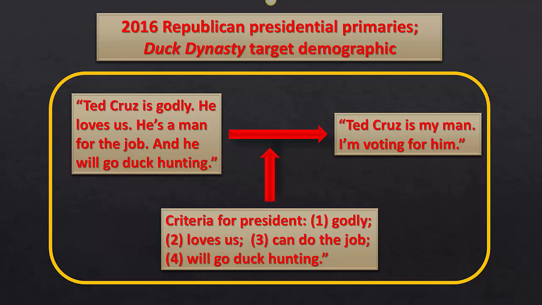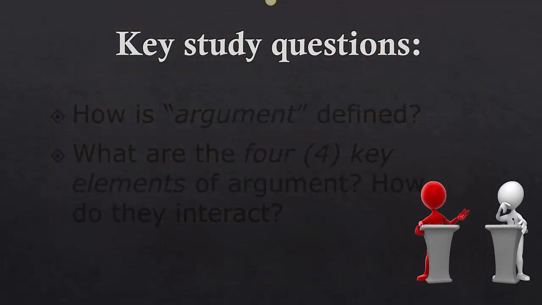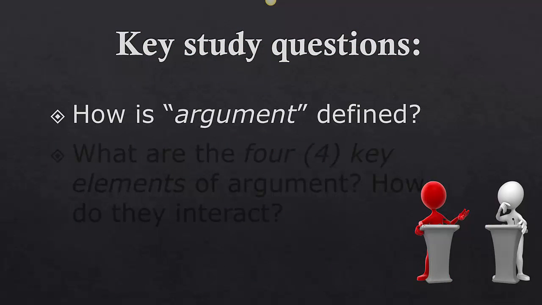So, what you need to remember as you think about these basic building blocks of argument is, first of all, how is argument defined? Remembering that it's not just something that we put together and put out there, but it is a process of social communication. It's a process that not just puts ideas out there and asserts them, but provides justification or rationale for them.